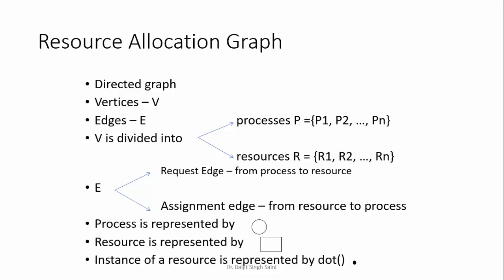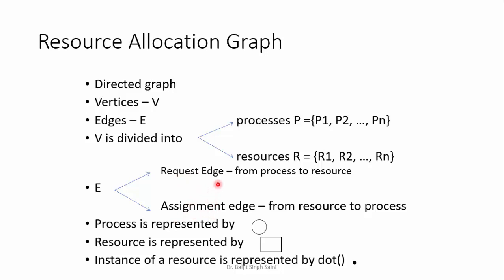Resource allocation graph is a directed graph which has vertices denoted by V and edges denoted by E. The vertices represent the processes and the resources, and there are two kinds of edges, request edge and assignment edge.